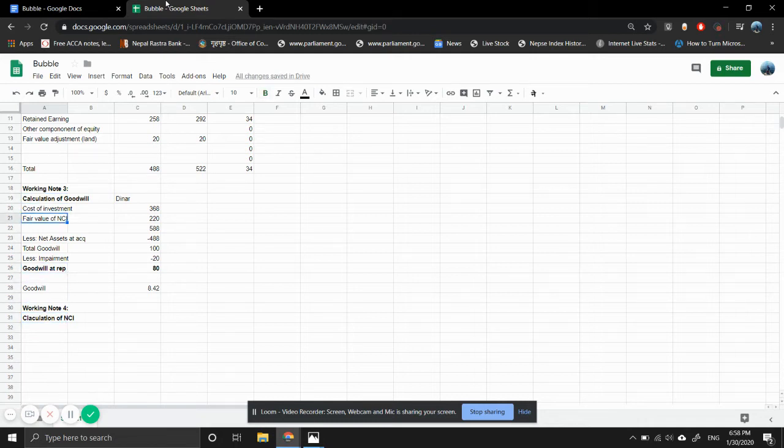So it's this figure. And then share of post acquisition profit. This impairment of goodwill, and there will also be something else, okay?